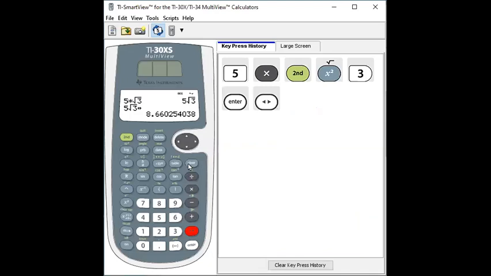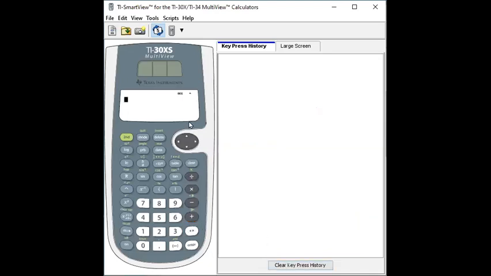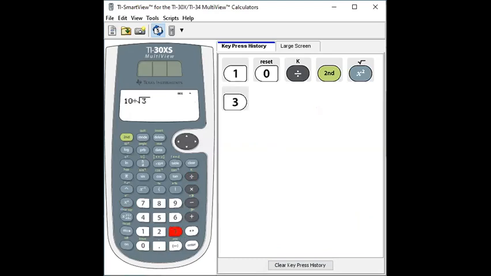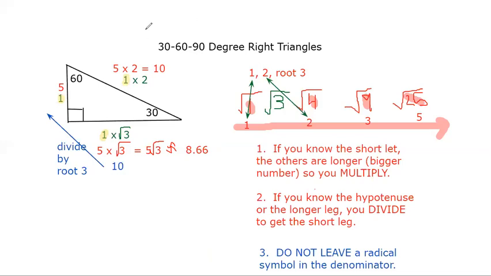Imagine how kids did this before the calculator. 10 divided by second x squared 3. And there's your final answer. The measurement of that short leg is 10 root 3 over 3.